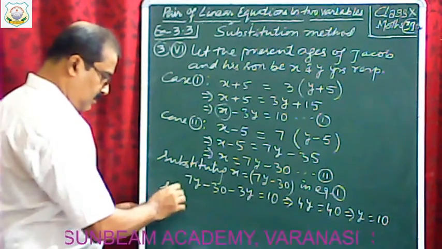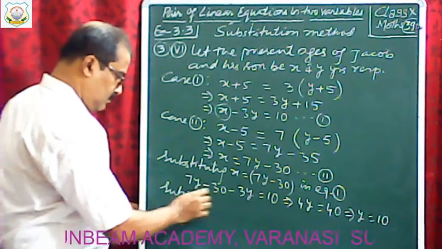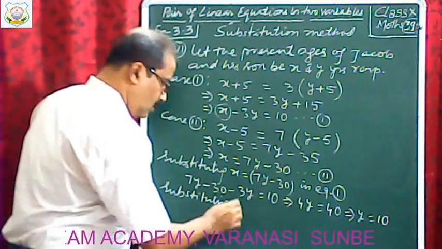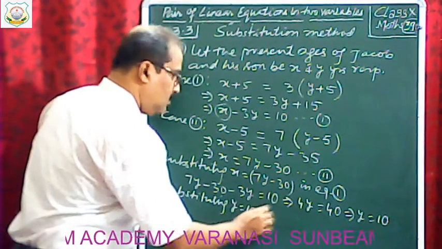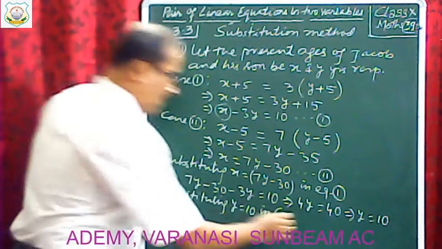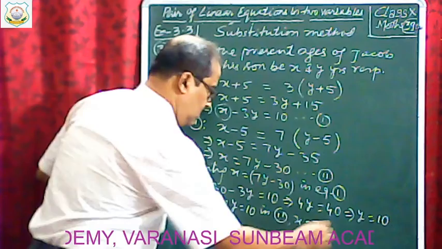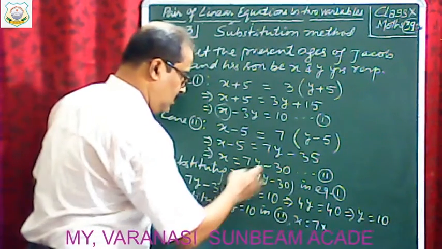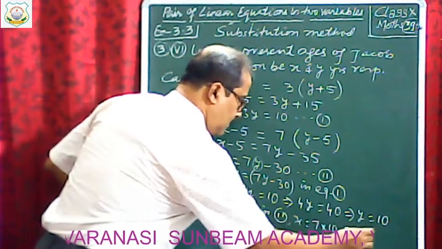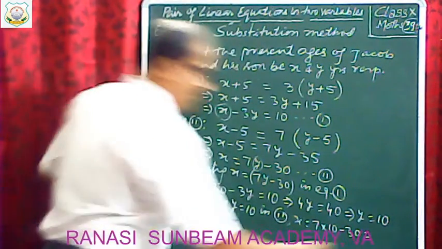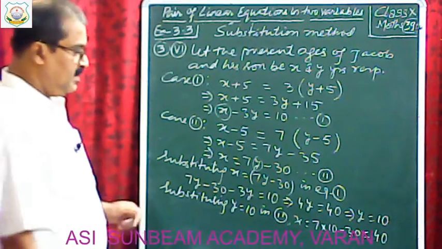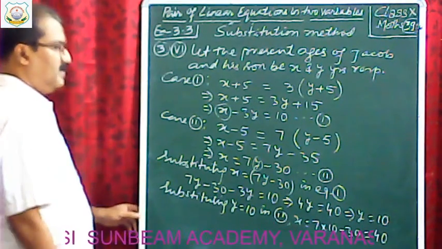Again you have to write, substituting y equal to 10 in second. So x equal to 7 into 10 minus 30. So 70 minus 30, 40.